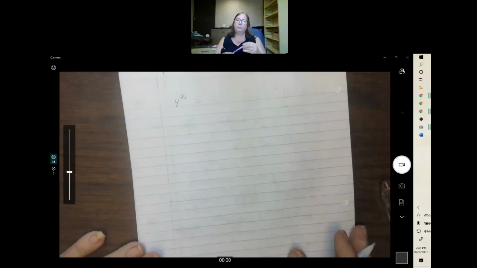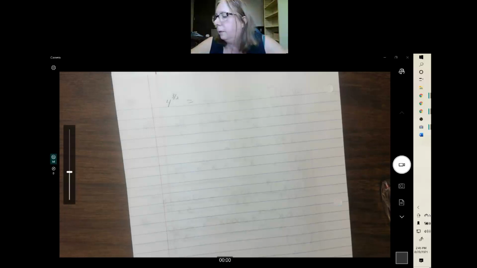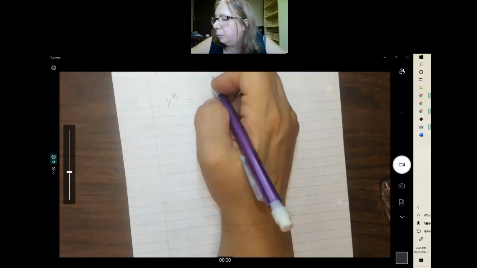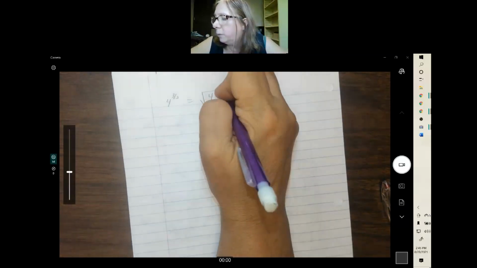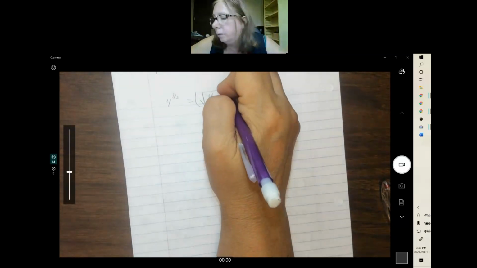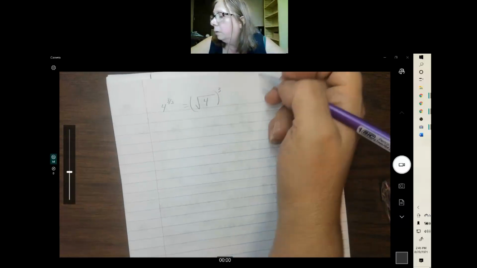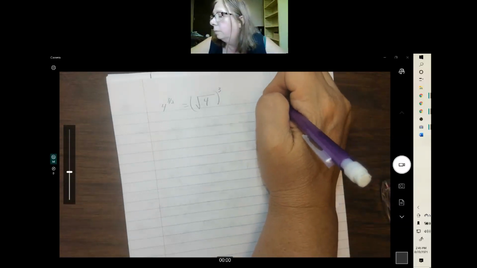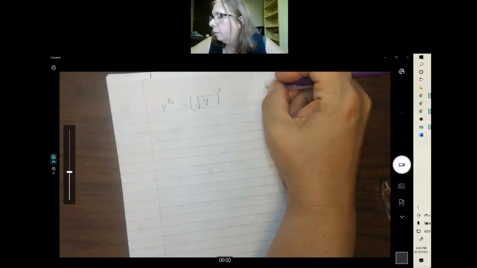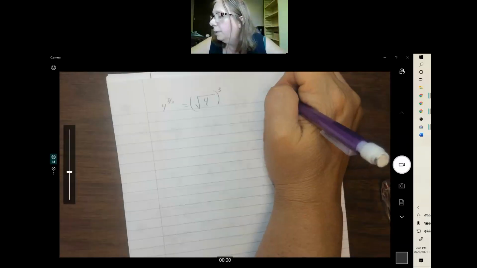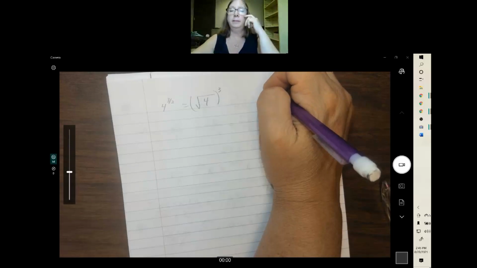Okay, 4 to the 3/2. What that's telling us is the 2 means square root. So we could take the square root of 4 and then cube it. Or we can take 4 cubed and then take the square root.